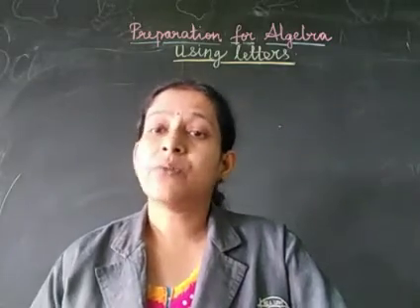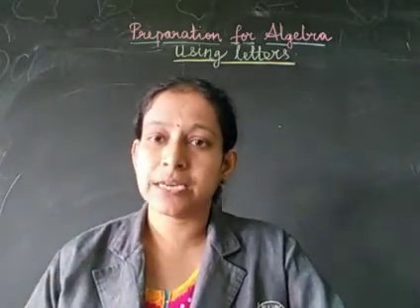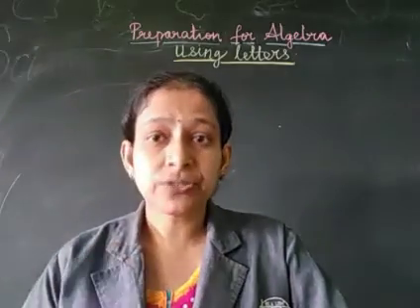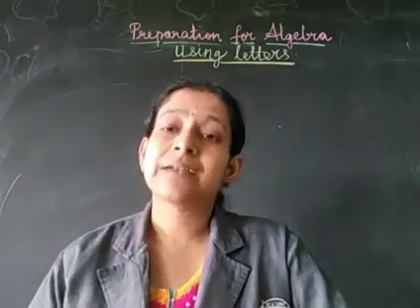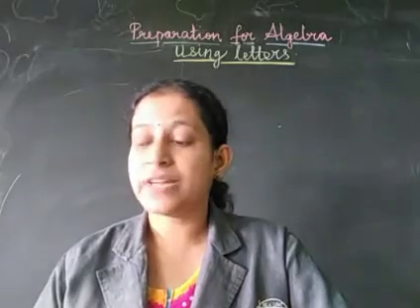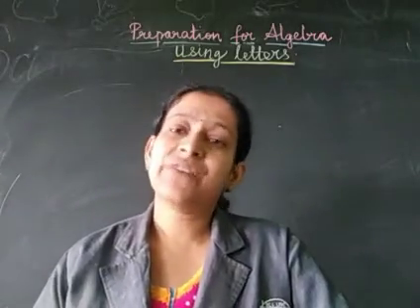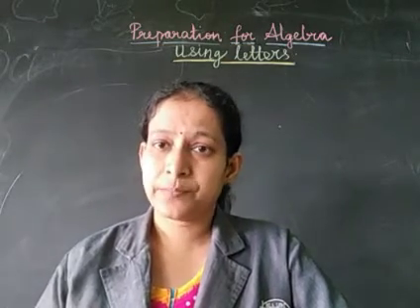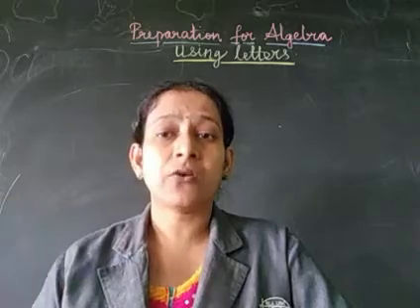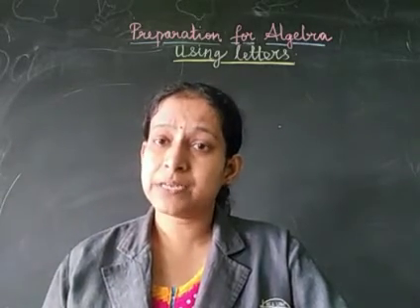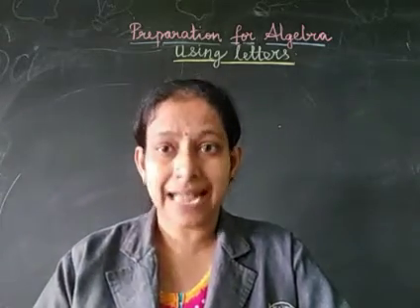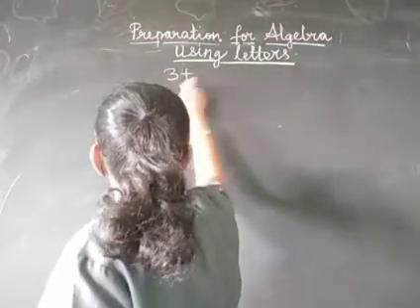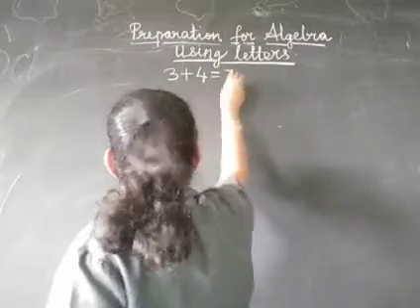Now, symbols are frequently used in mathematical operations, and because of the use of symbols, the writing becomes simpler or very short. For example, if I say the sum of 3 and 4 is 7, which is a very long statement, it can simply be written in short as 3 plus 4 is equal to 7.